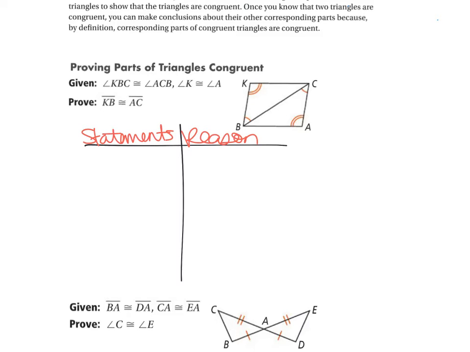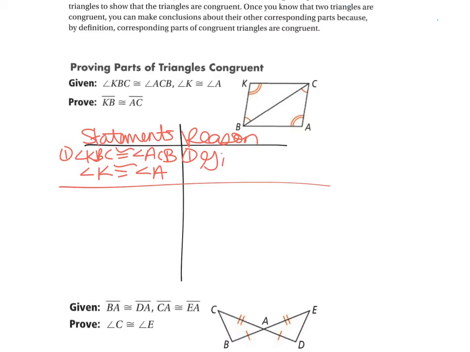Okay, and step one is they give us triangle KBC is congruent to angle ACB, and angle K is congruent to angle A, and your reason is given. Okay, and they want us to prove that KB, so the side on the left, equals the side on the right, CA.